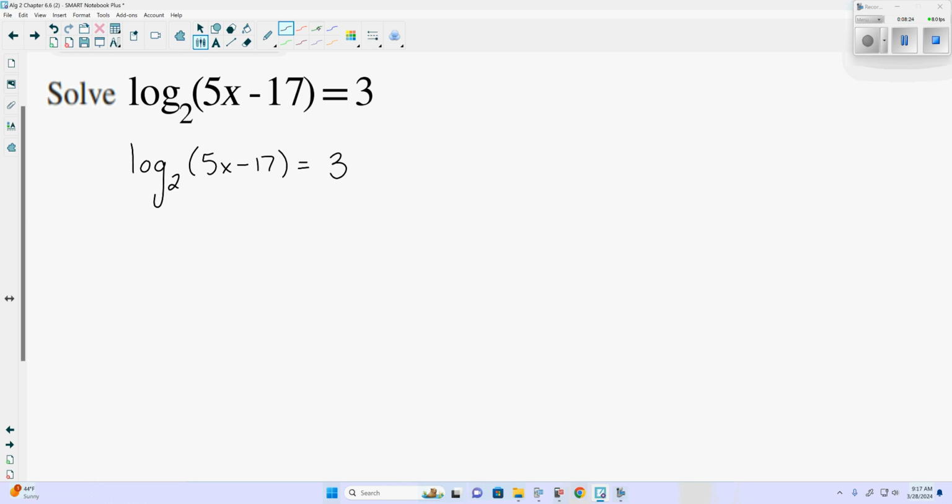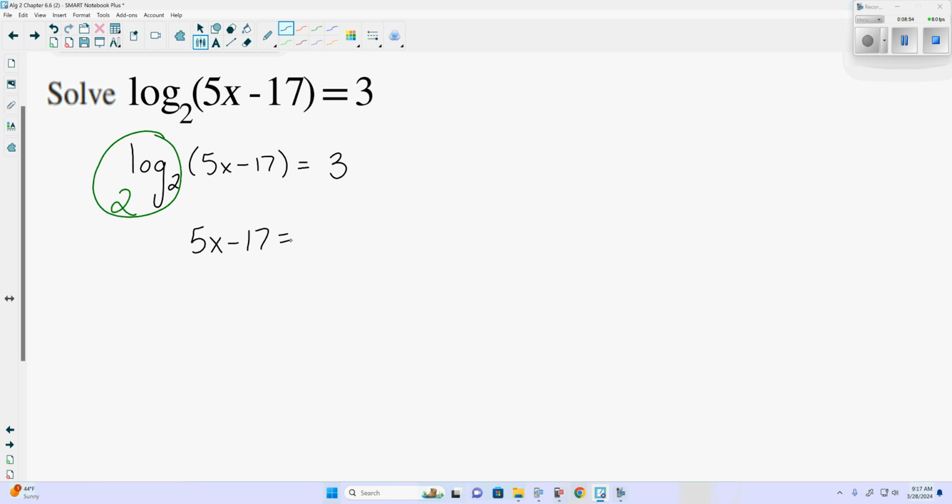So if I put log base 2 of 5x minus 17 to the base of 2, I have 2 to the log base 2 of 5x minus 17. What do you think is going to happen to this here? It's going to cancel out, leaving us with 5x minus 17.